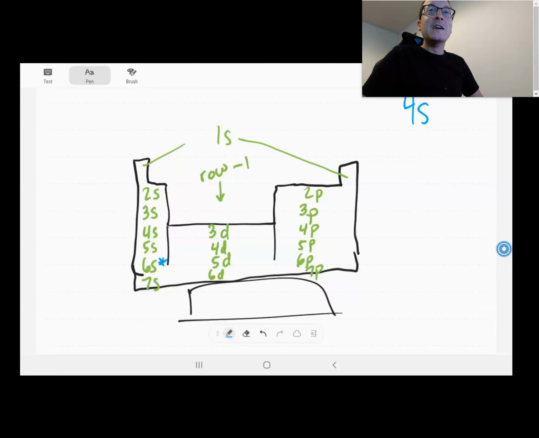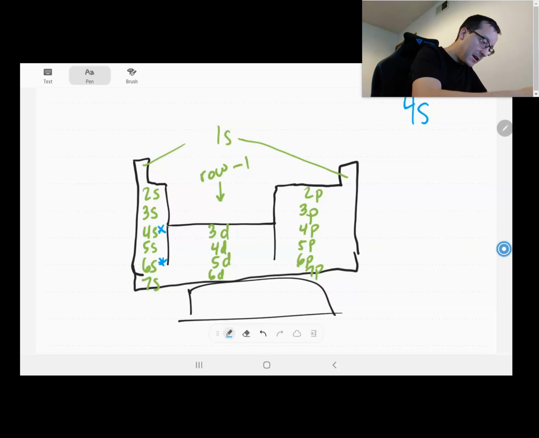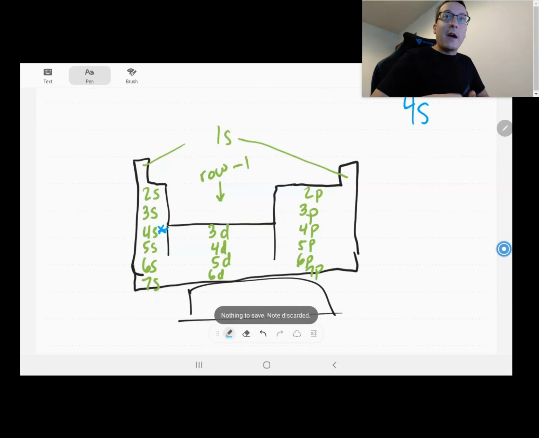Indeed. Okay, so let's go ahead and find calcium now. Where's calcium going to be in terms of subshell? Yeah, absolutely right. So calcium is going to be here. I'm going to go ahead and erase barium so we don't get confused. Okay.